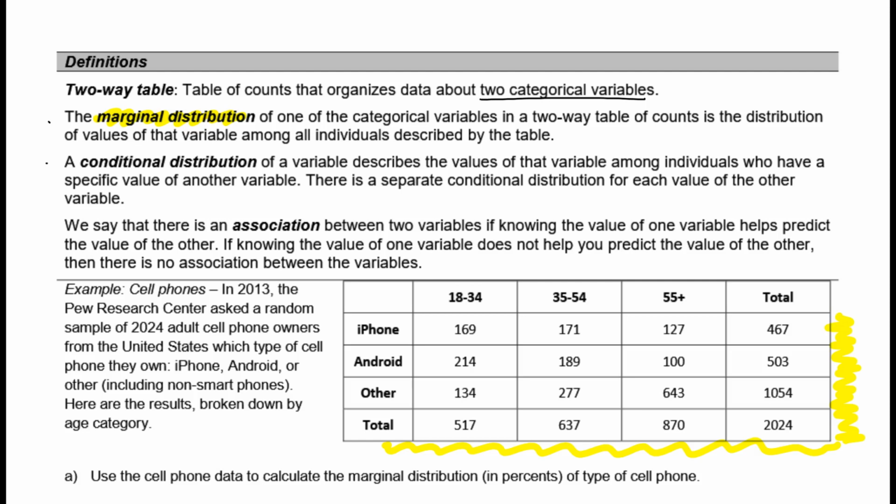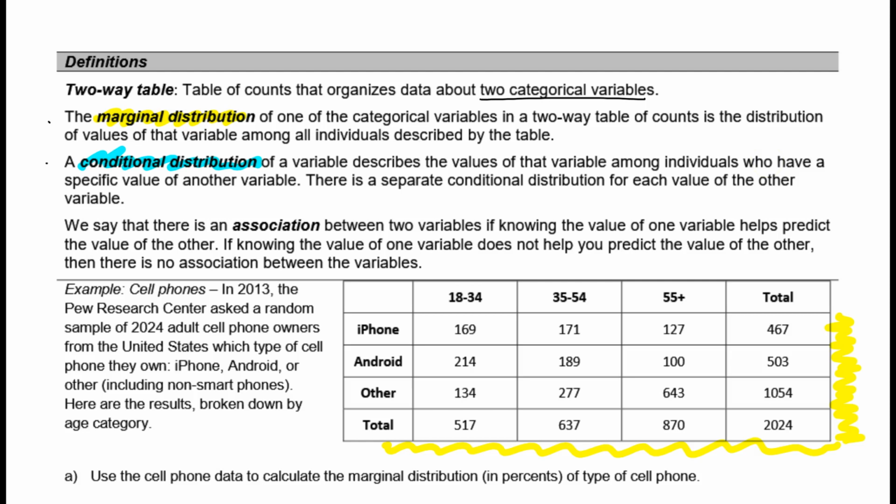And we're back. Okay, so marginal distribution is when we start to look at percents out in the margins of the table. And the definition of conditional distribution is kind of hard to understand when you just read it. The conditional distribution of a variable describes the values of that variable among individuals who have a specific value of another variable.